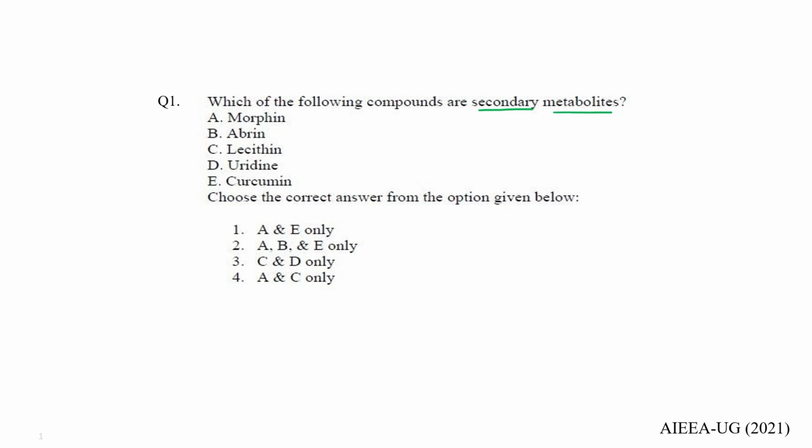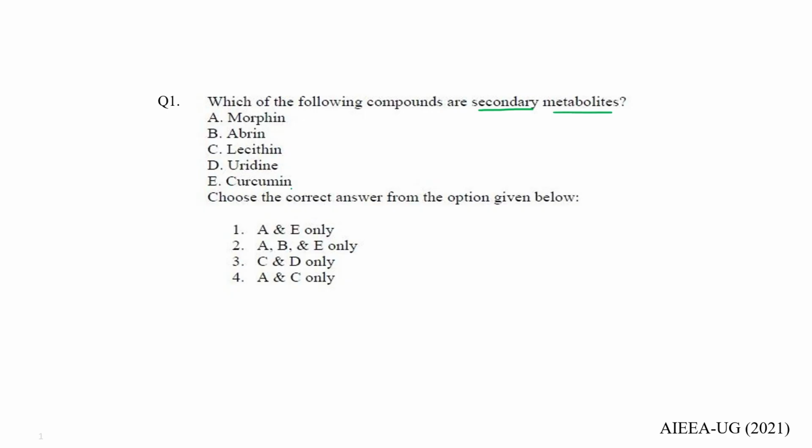Okay, so now let's discuss. You know that out of these five options, morphine comes under the secondary metabolite category.